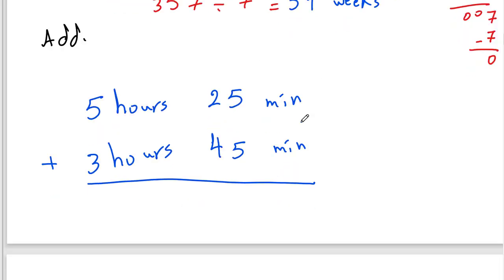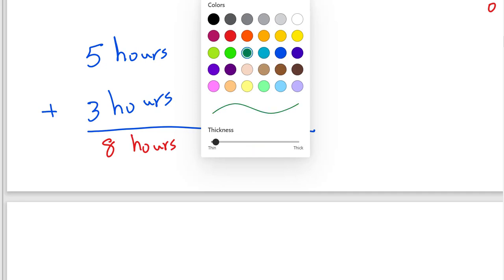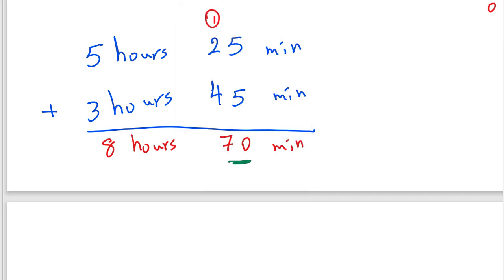Okay, let's go ahead. Just add the minutes together, then the hours together. So 25 plus 45, this is 5 plus 5, 10, 0 and carry 1. 1 plus 2 is 3, plus 4 is 7, so 70 minutes. And for hours, 5 plus 3 is 8 hours. Okay, this answer is correct, but we have something here. We have 70 minutes. I see that 70 minutes is more than 1 hour.